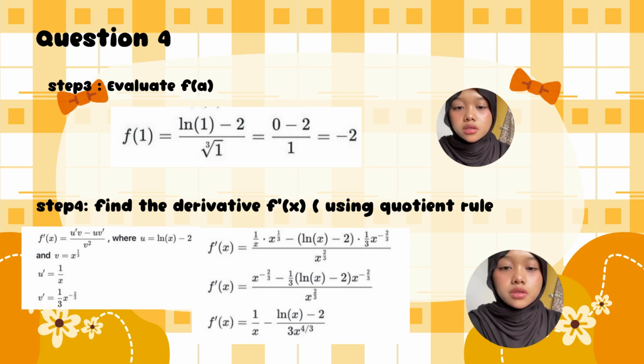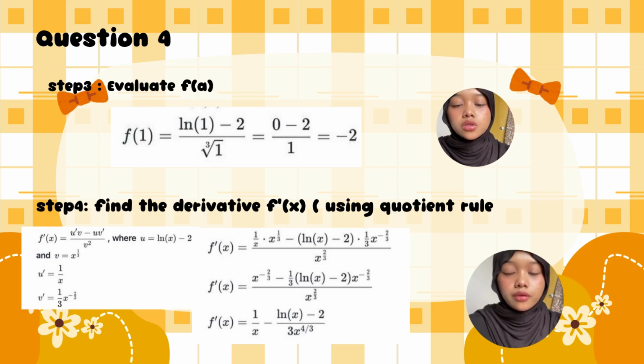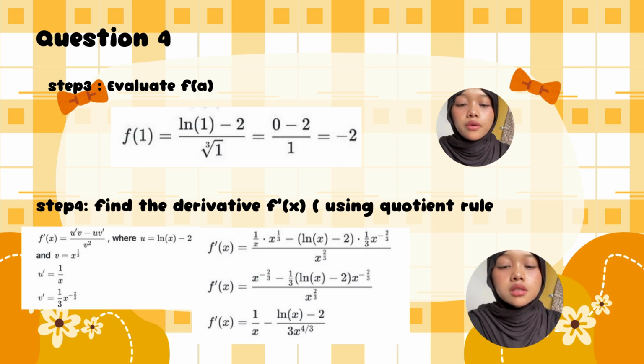We can get f prime of 1 equals 1 over 3 times ln 1 minus 2 over 3, and then we evaluate f prime at 1.